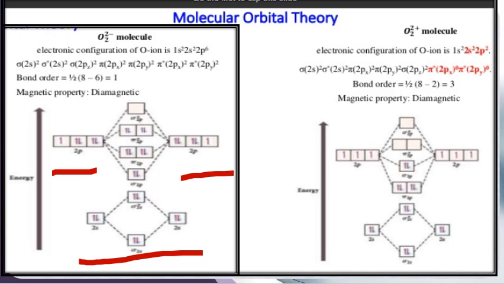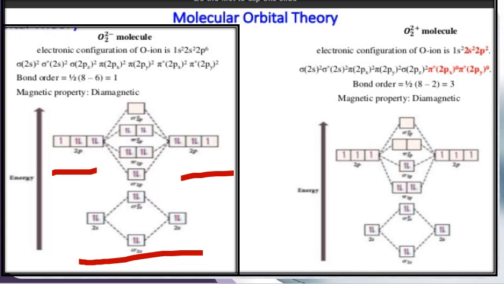So the total number we have to accommodate from two oxygen minus one atoms, not atoms, but this time they will be ions, is 10. Right? The diagram is the same, no change in it; just the filling will tell you whether a bond forms or whether the substance will be paramagnetic or diamagnetic.